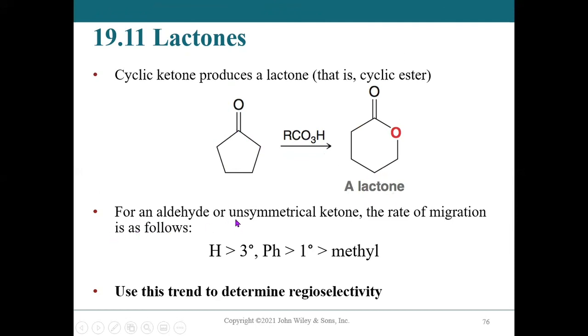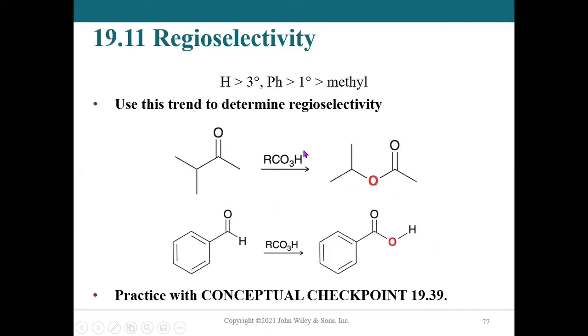For an aldehyde or unsymmetrical ketone, the migratory aptitude is as follows: H rather than tertiary, or phenyl rather than primary, and rather than methyl. So use this trend to determine the regioselectivity. And here we see we have this ketone, and we can either insert the oxygen in here between this carbon, or between this and this.